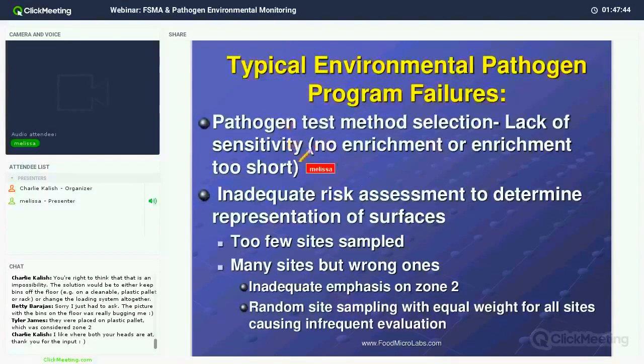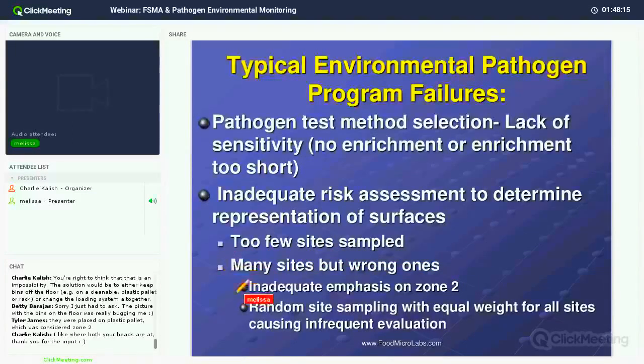Again, typical environmental pathogen program failures involve poor method selection, for example if there's not an enrichment step in the method. So method selection is super important, as is making sure that the representation of surfaces is nice and wide, so that we can have appropriate stringency and know if something's going on and respond to it.